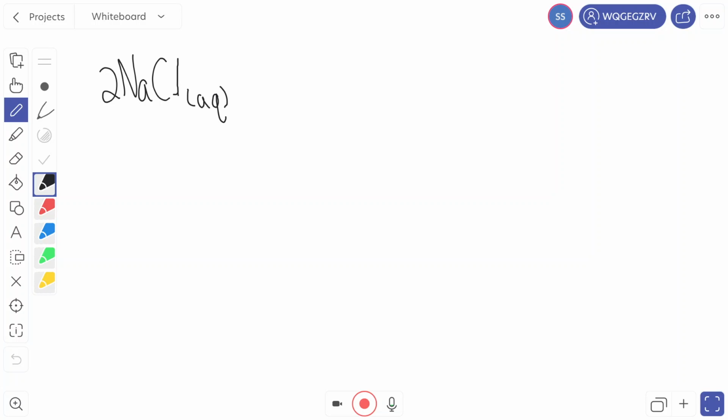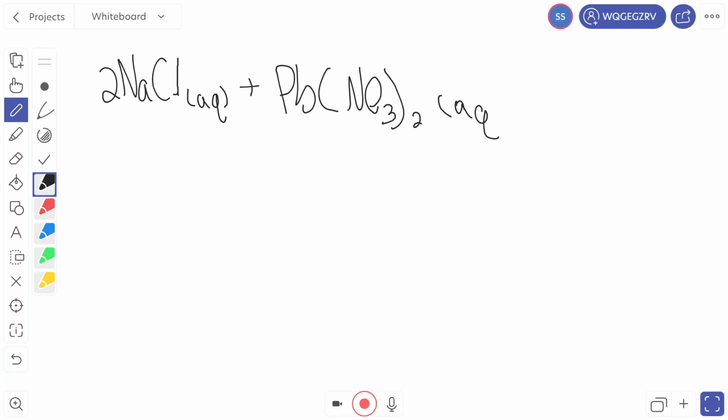Plus Pb(NO3)2, and this is also aqueous. Looks like they already balanced this for me. Yields.